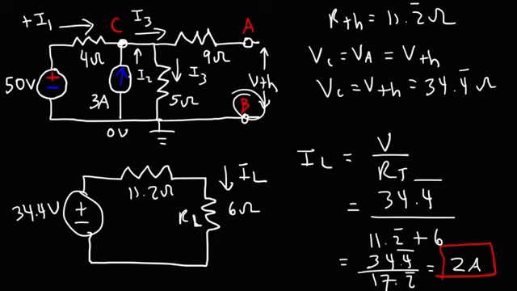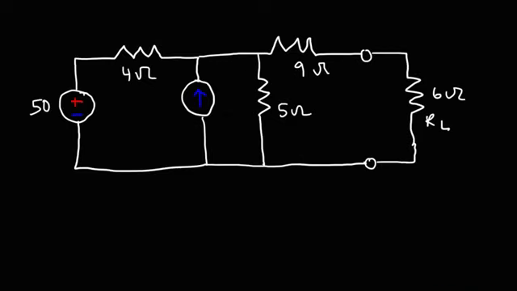Now we can confirm the answer by solving for everything in the circuit. So here is the circuit that I redrew, and we said that the current flowing through the 6 ohm resistor is 2 amps.